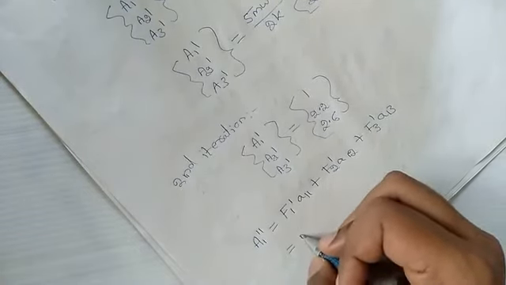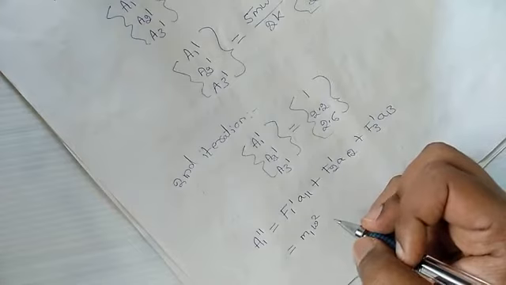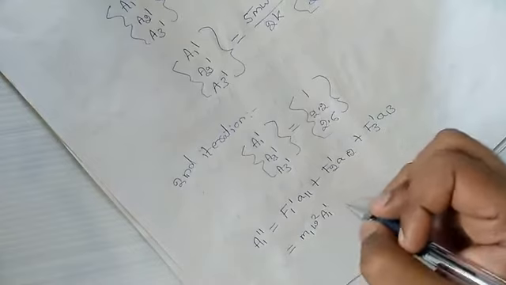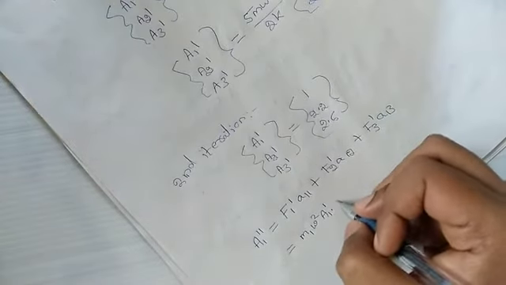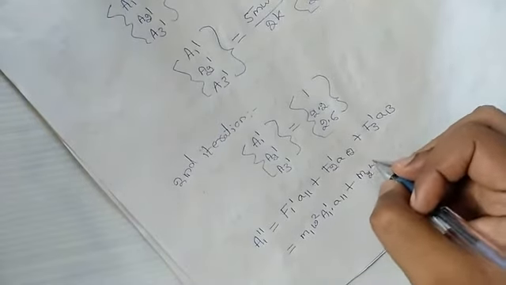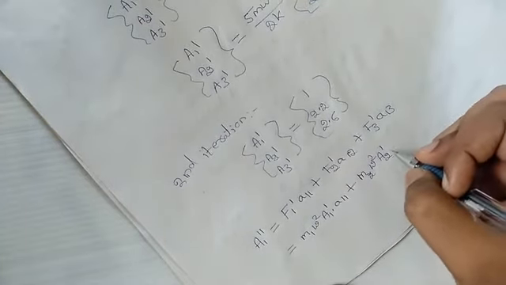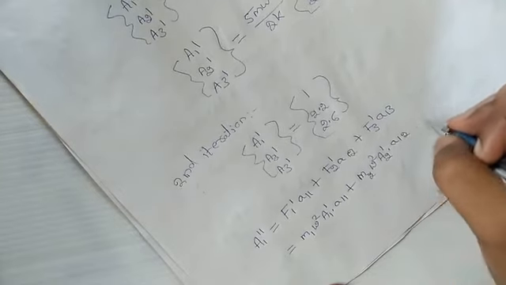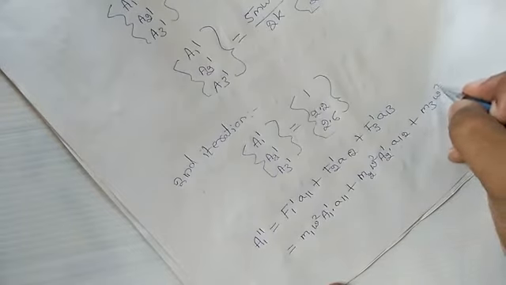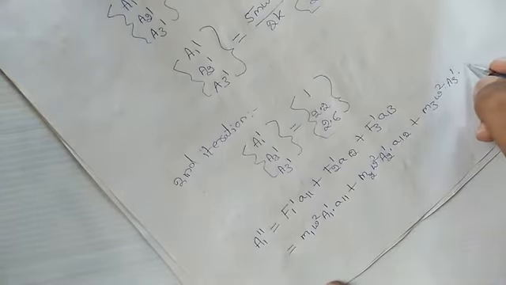What will this be? F1 dash means m1 omega square into A1 dash, into a11, plus m2 omega square into A2 dash into a12, plus m3 omega square into A3 dash into a13.